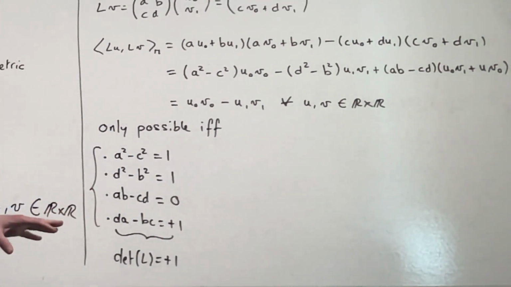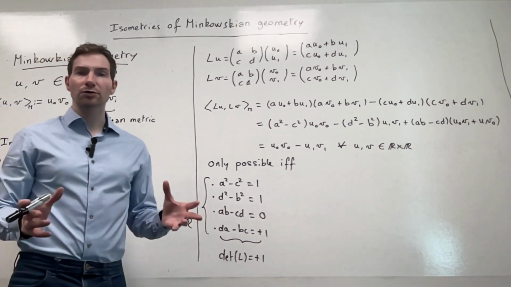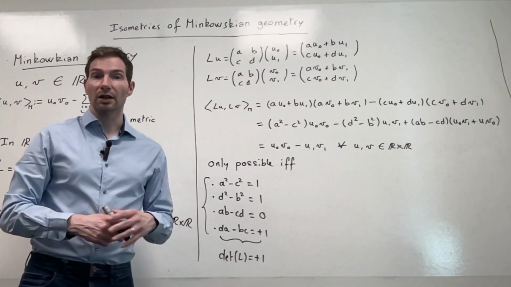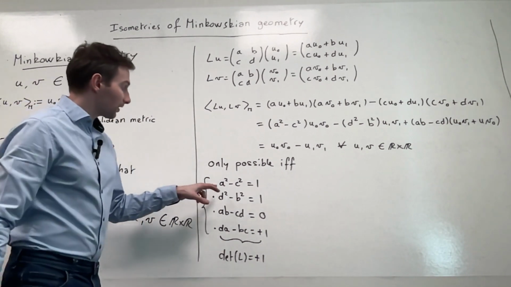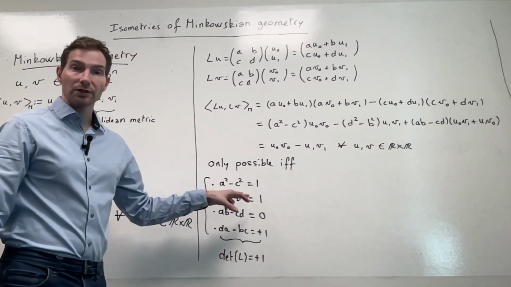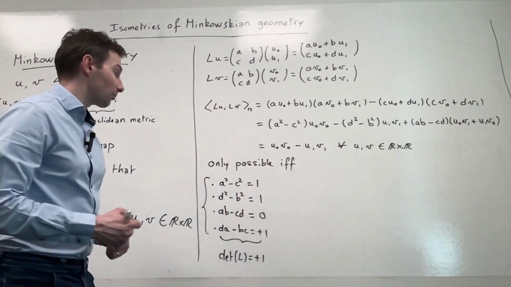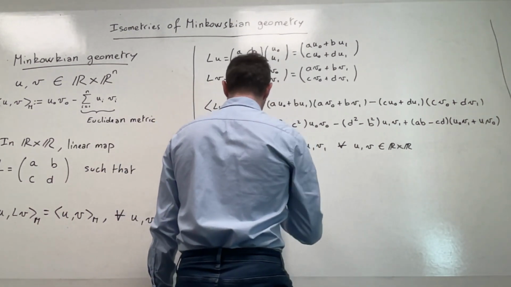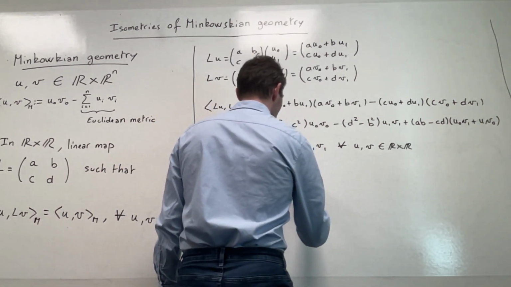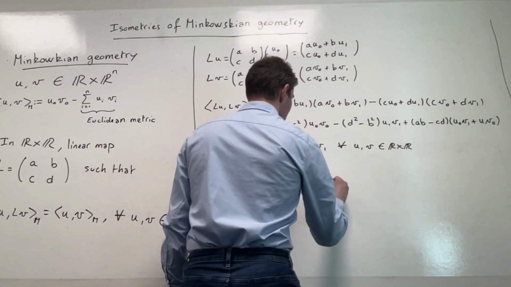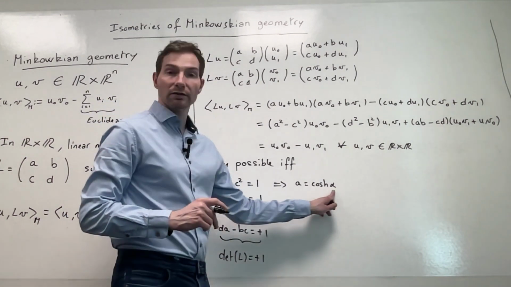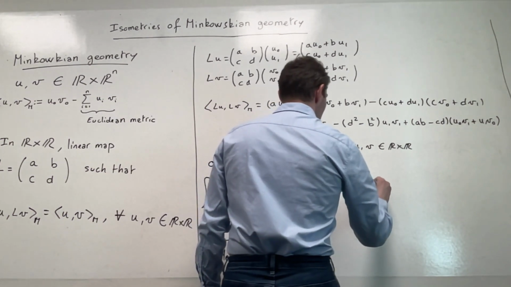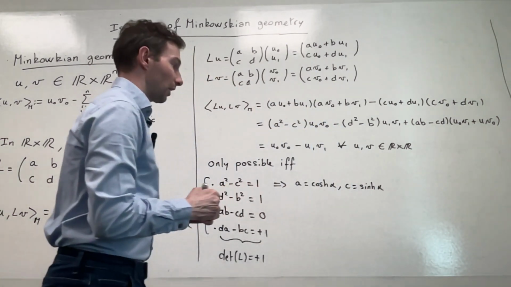Of course you could try to solve these things, etc., but that's not really my point here. I just want to give you an idea of a very typical solution that can come out of it. Now, the actual form of this equation, A squared minus C squared, lets us think that A could be of the form of the cosh of some real number alpha, and you could have as well that C would be sinh of alpha as well.